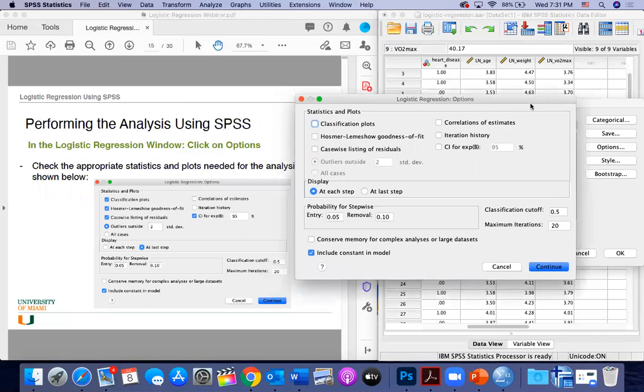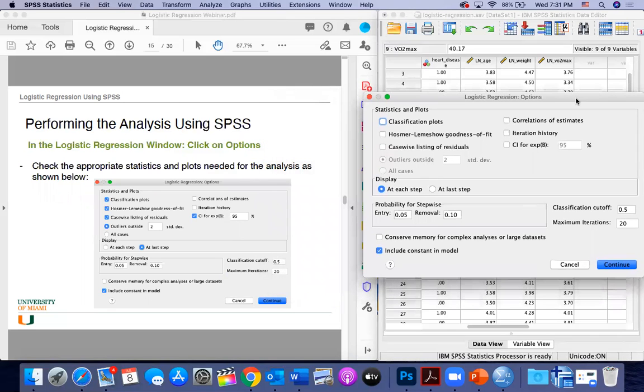In the options window, or subcommand, you will see some statistics and plots that are necessary for our analysis. For this analysis, we don't want any statistics because we will not base our results on it.